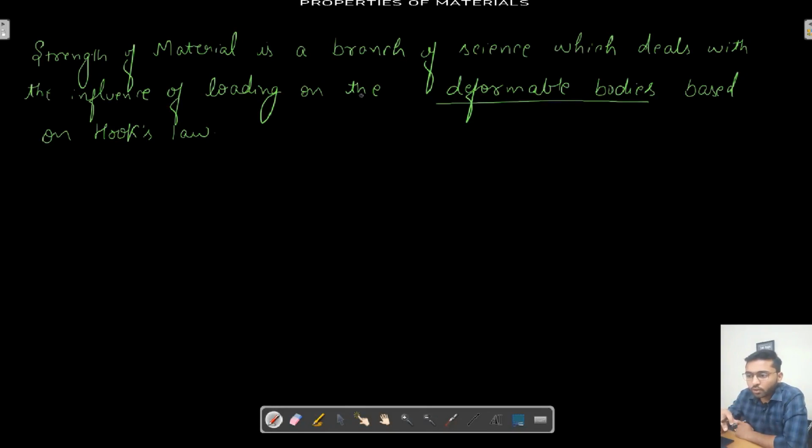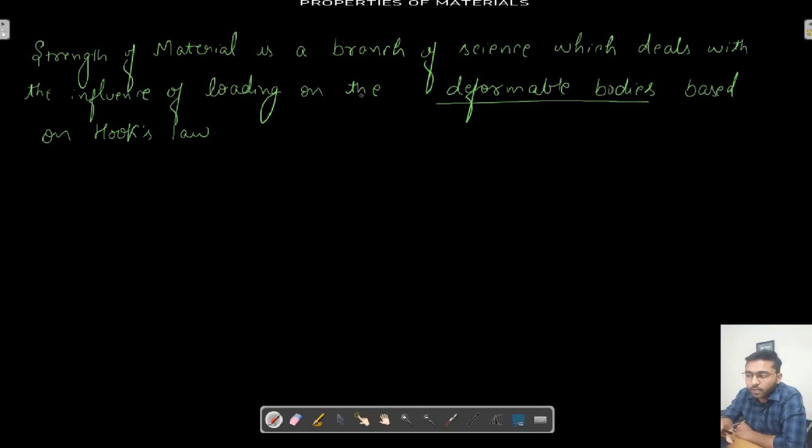So in strength of material, what we do here is discuss the influence of loading. If we apply a load on a deformable body, what kind of analysis can we obtain from that application of load?